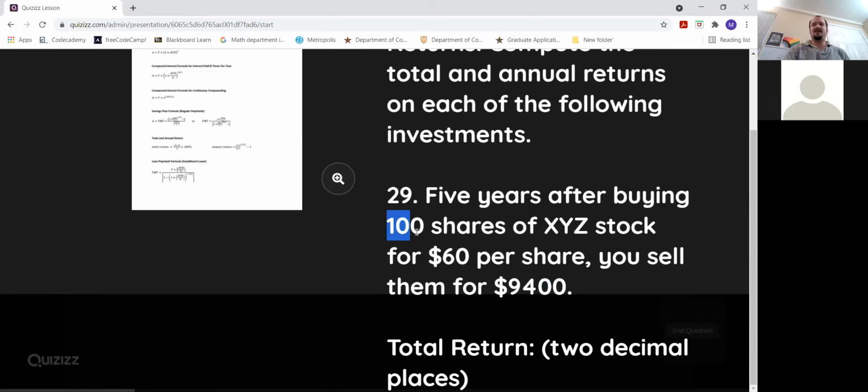But we know we got 100 shares for $60 each share. So we talked about unit analysis. That's probably easy enough to do even without doing a chapter on unit analysis. How much in shares would you have if you have 100 shares for $60 per share? So we're going from that amount to 9,400.